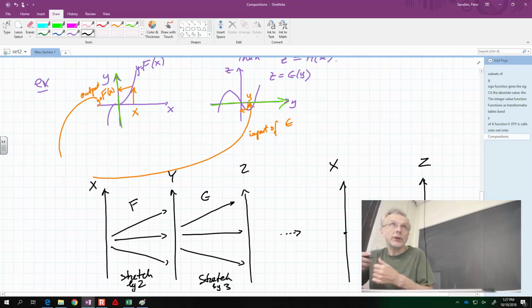Well, if you stretch once and then stretch again, what's the end result? It is a stretch, but can you tell me what the factor is? By 6, right. So the distance is doubled, and then tripled. Altogether, it is 6 times. Like this.